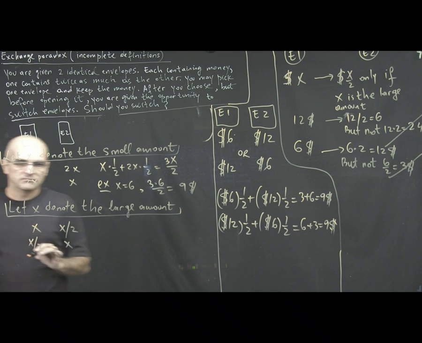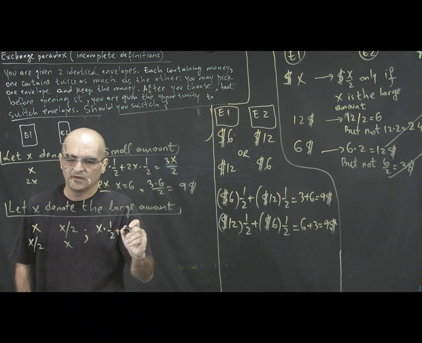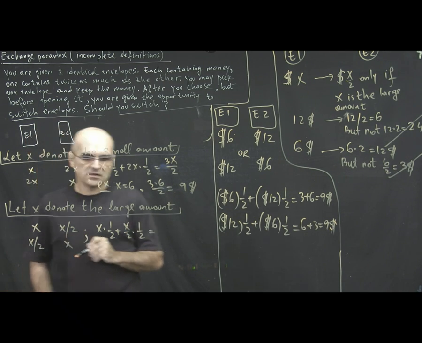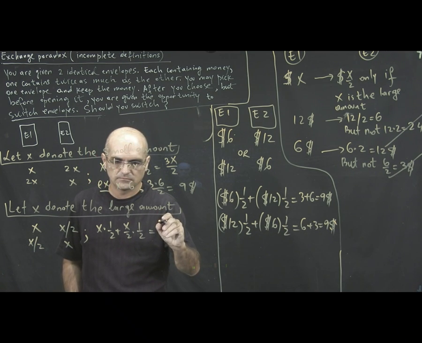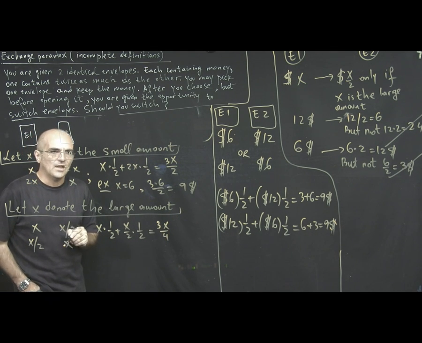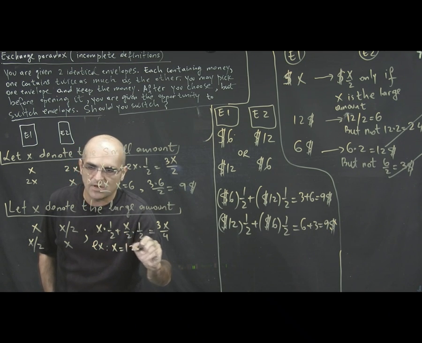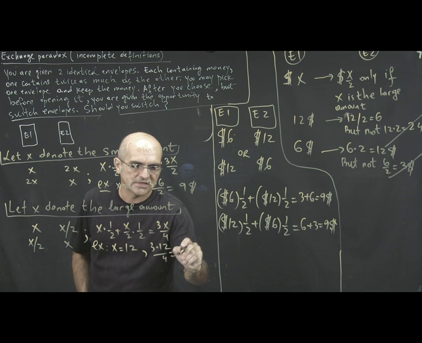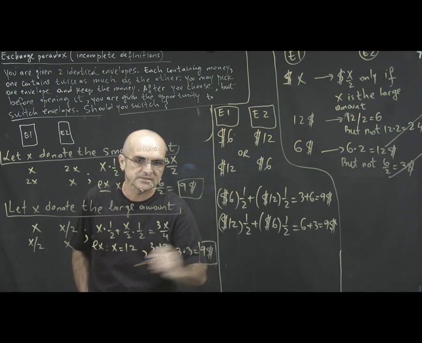No matter what you pick, the expected payoff is going to be x with probability 1/2, plus x over 2 with probability 1/2, and that makes it 3x over 4. In the same example, if x is 12, the larger amount, then the payoff is 3 times 12 over 4, which is 3 times 3, which is the same amount as we expected, as it should be: $9.